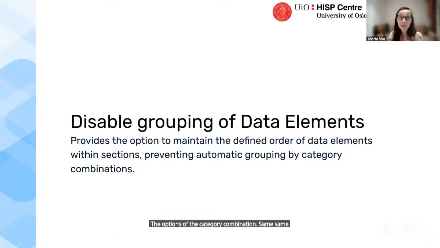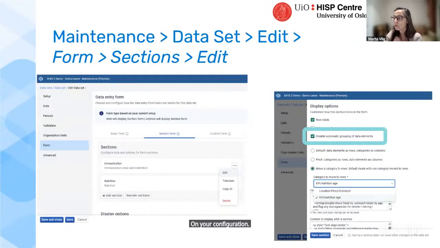So it definitely makes sense by default to group them by category combination. However, if you don't want that, if you want the order to be respected, whatever order you put in your configuration, then you have to tick.